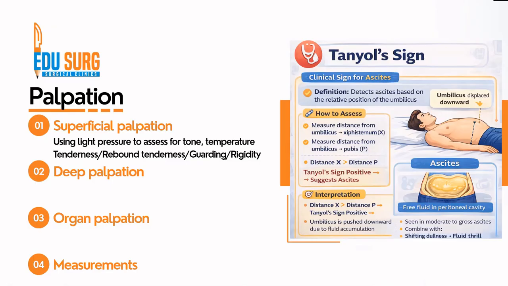As we also know, if there is moderate to gross ascites, you can also have shifting dullness and fluid thrill. We will see these points when we are separately doing a video on liver examination and ascites. But just to give you an idea that these kinds of measurements are taken in palpation of the abdomen.